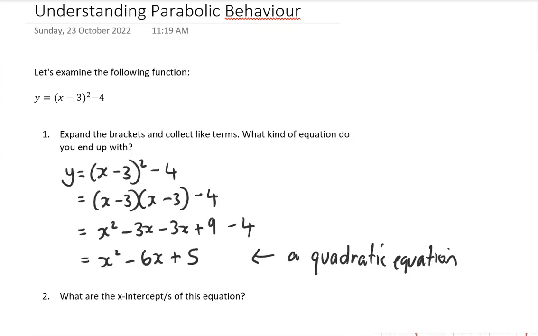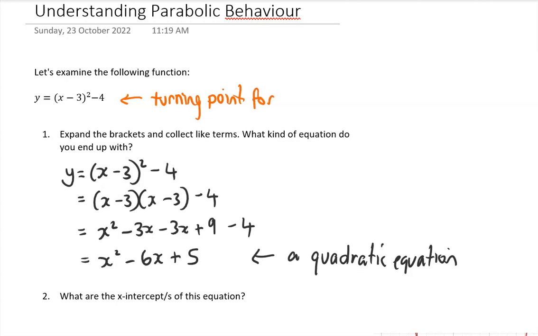Okay, so you should have had a go. I've included every single possible step with this expansion, but what I hope you'll see is that you end up with a quadratic equation. What we have up the top to start with is what we call the turning point form of a quadratic function. You'll see why shortly.